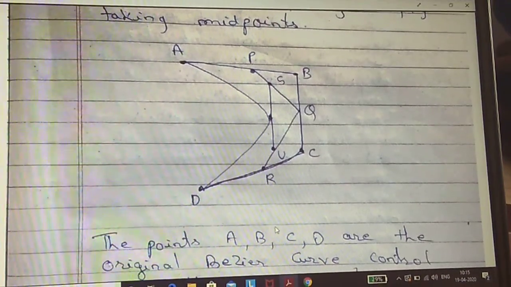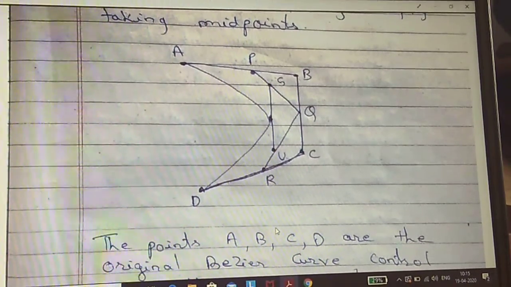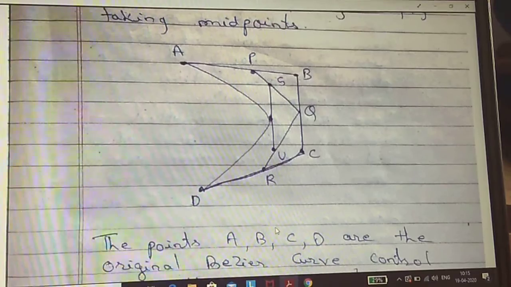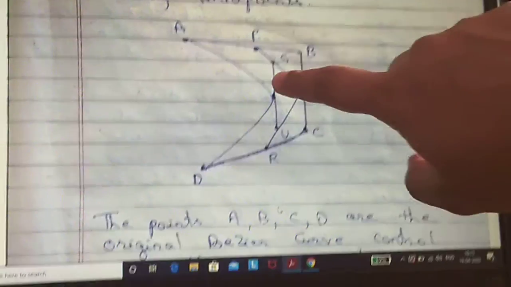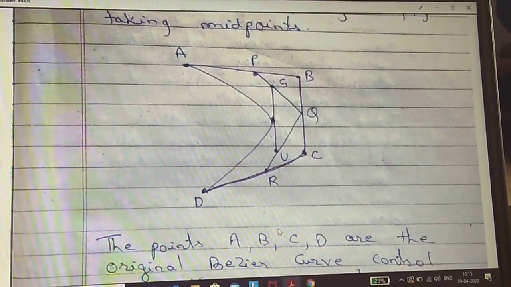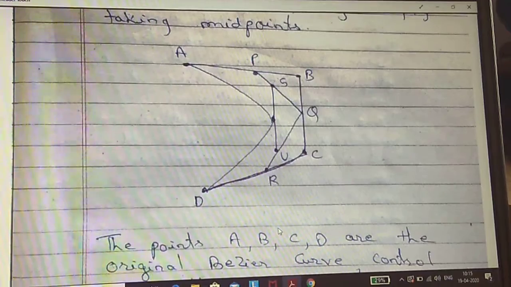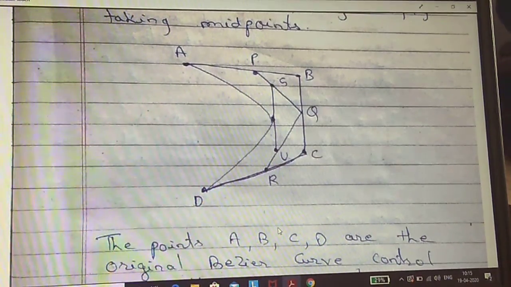Then again find the midpoint of these newly generated lines, and we name them S and U. Then form a line segment between S and U and find the midpoint of that line. Suppose we name it as T. Now that point T will be exactly on the Bezier curve.